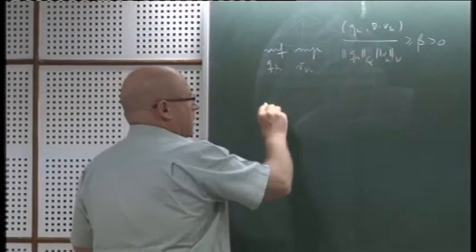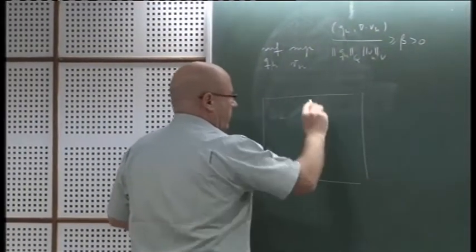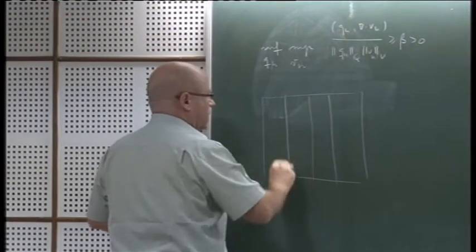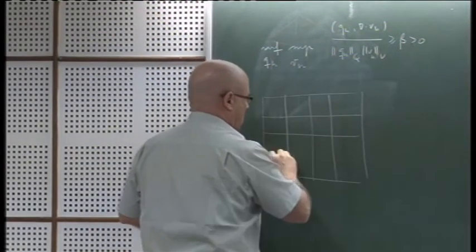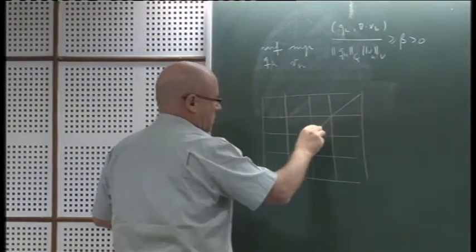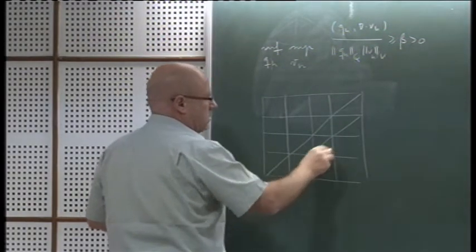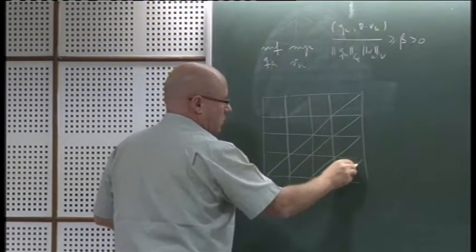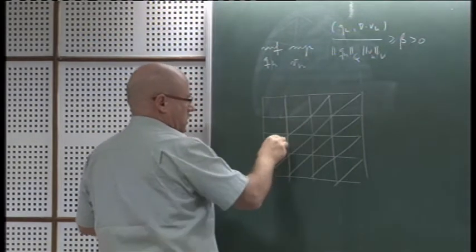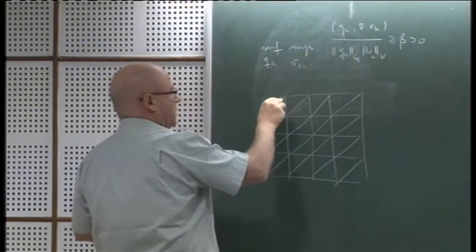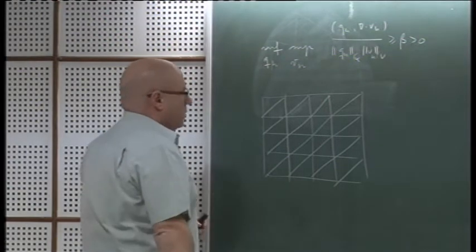What happens? Imagine you have a square and you discretize it in triangles. It's a similar count to what I did this morning. So imagine you discretize it in triangles, or in quads.